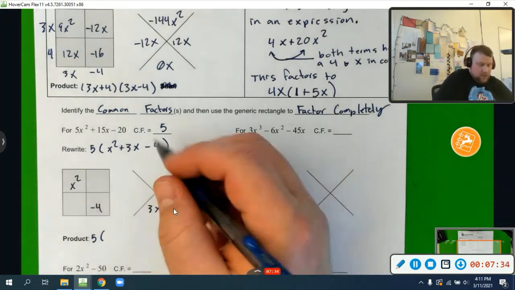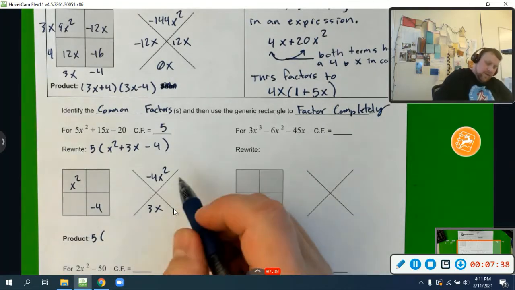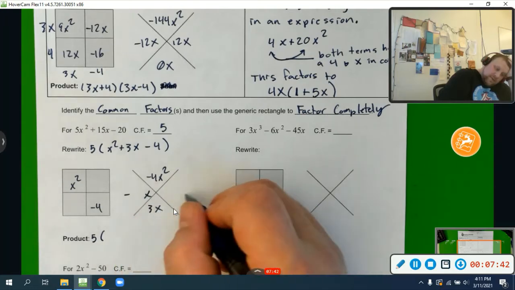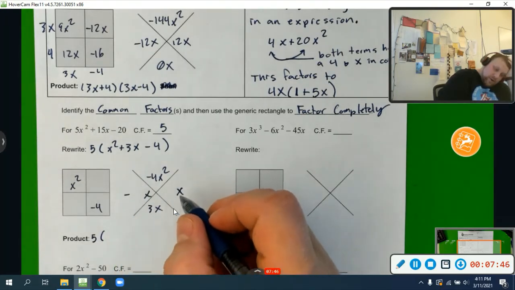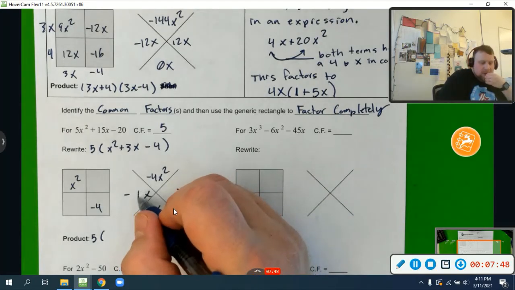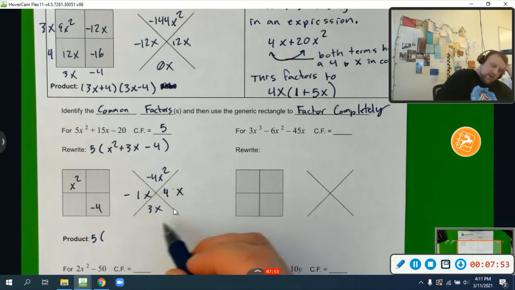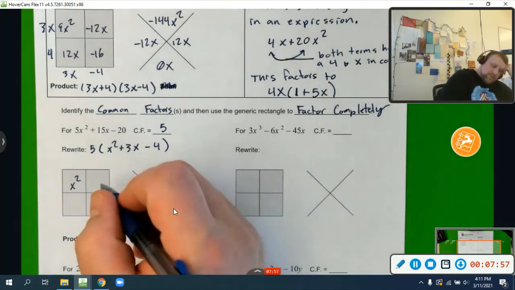And what's negative 4 times x squared is negative 4x squared. If I need a negative up here but positive down here, that means I'm going to multiply a negative times a positive, and I need the positive to be bigger. So what can I do? Well, I'm going to do negative 1x times positive 4x. And look at that. 4x minus 1x is 3x, and 4x times negative 1x is negative 4x squared.